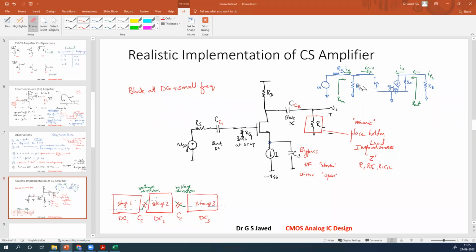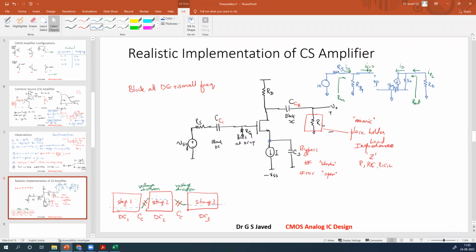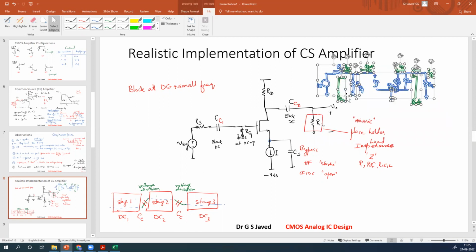Can somebody unmute and tell me what is the input impedance? Come on. Okay, let me call out people. Arvind? What is the input impedance, Arvind?